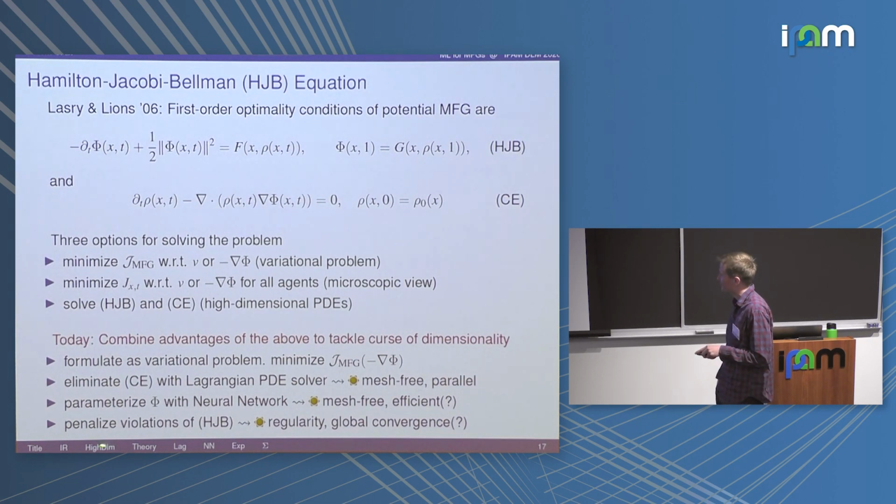But what was really a crucial thing that we had to wrestle with is, this phi here should solve the variational problem, but it should also adhere to these optimality conditions. So what we do in practice is we penalize violations of these as a soft penalty.